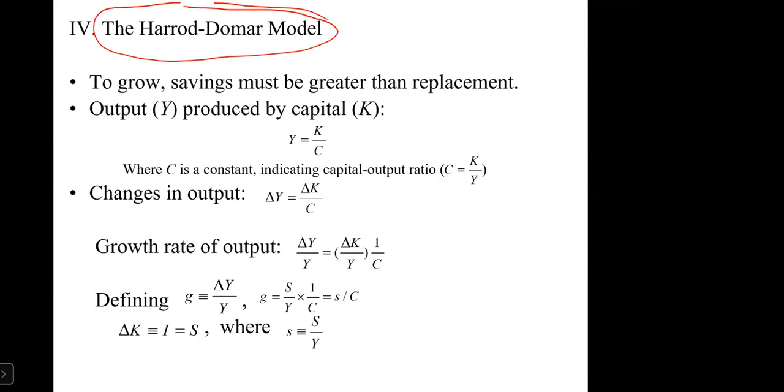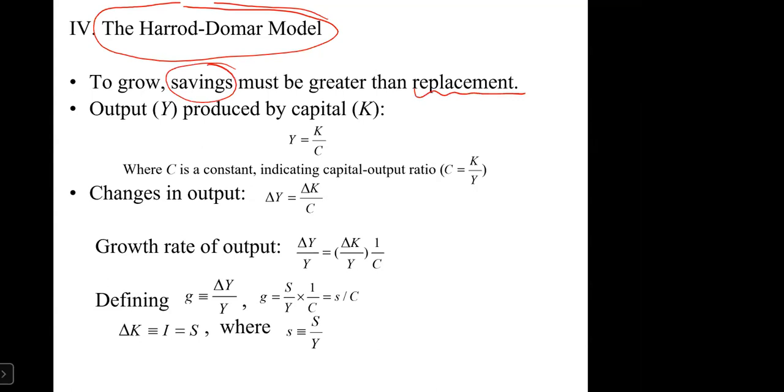Now in this model, different from those previous 2, we are going to use some math to understand the theory of economic growth. Start with this simple model. The key insight of this Harrod-Domar model is the following. Saving must be greater than replacement. What does this mean?